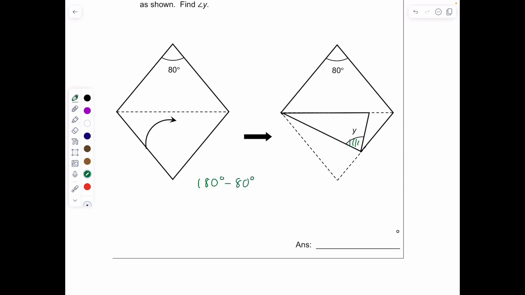What this would find me is the other angle of the rhombus. So this is actually 100 degrees, because this angle is equivalent to this angle here. So this is 80.